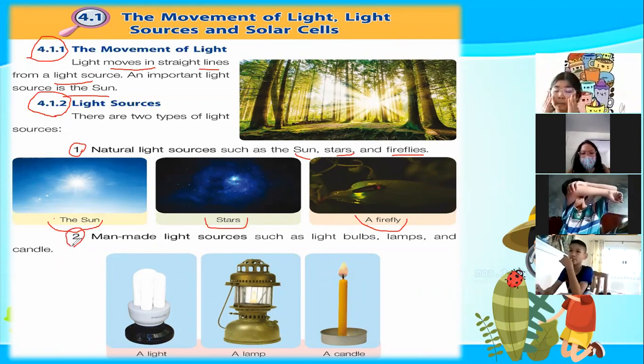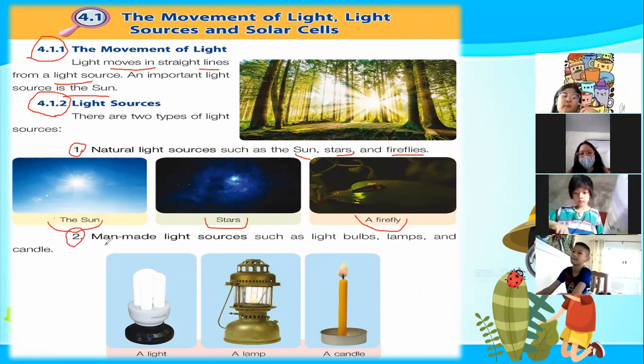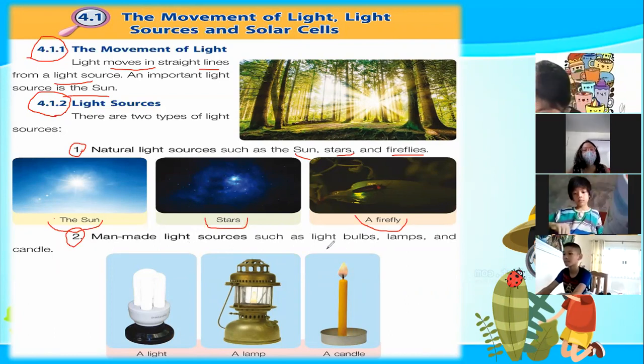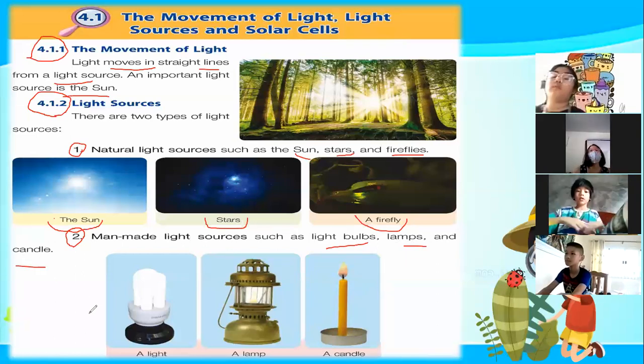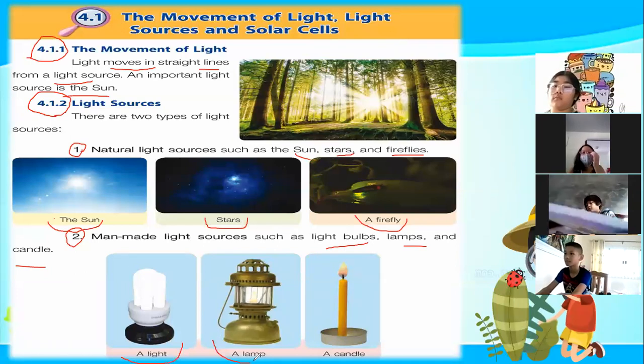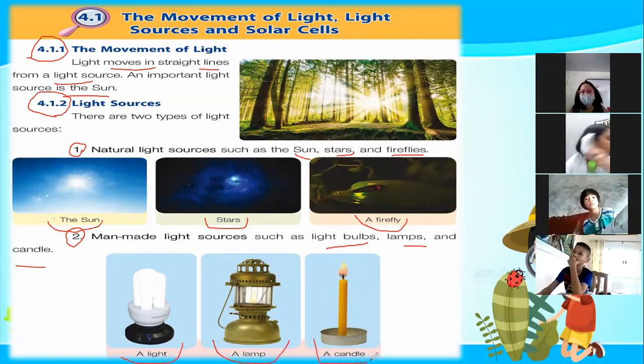Now the second one is man-made light. Man-made lights are lights created by humans, by people. The main ones are light bulbs, lamps, and candles. You can see here a light, a lamp, a candle.